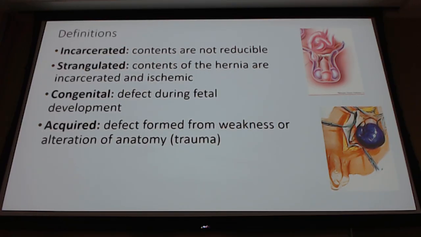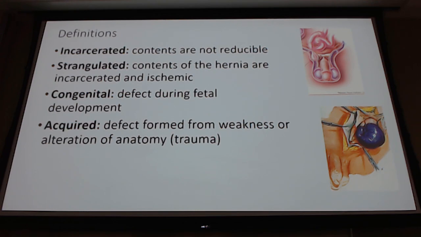Strangulated, you have to be incarcerated first, and then when you get to that point where, from swelling or that hole being too tight, you lose that blood flow, it becomes ischemic. That's when it becomes strangulated. That's when bowel dies. Or fat dies. Fat can die.